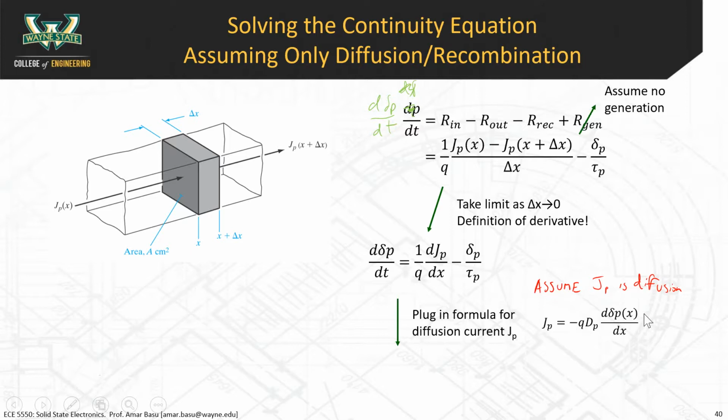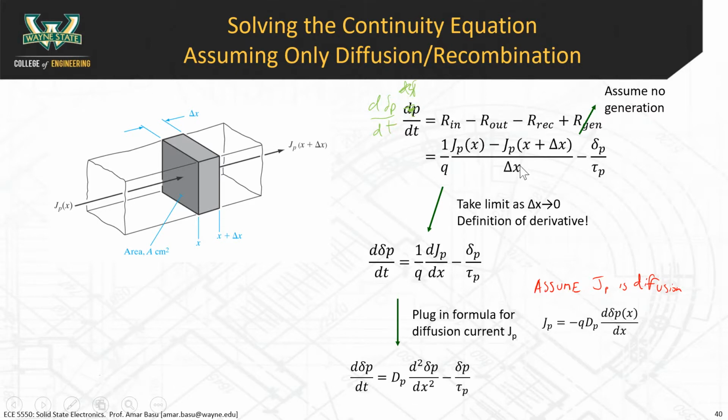Notice that this equation for diffusion current has a derivative in it already, d sigma p of x dx. And when you plug this in, you're asked to take the derivative again here. So the equation that you get here is a second derivative.